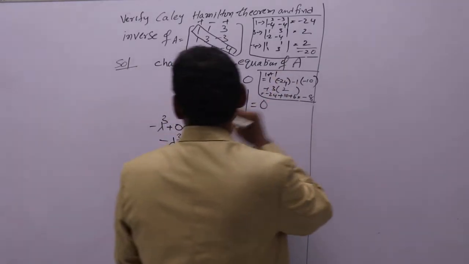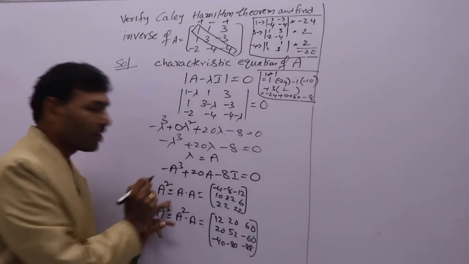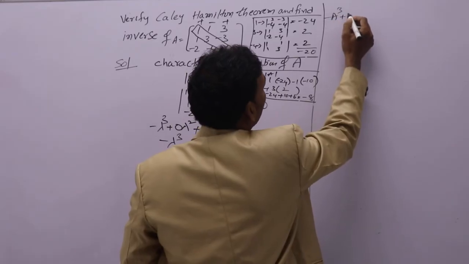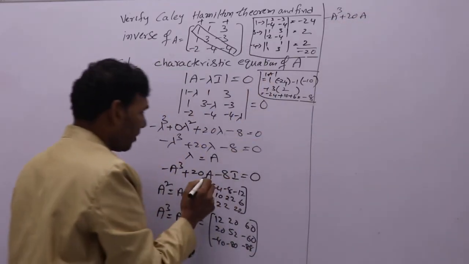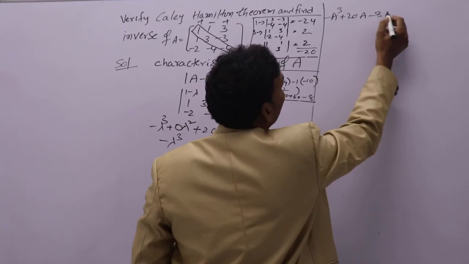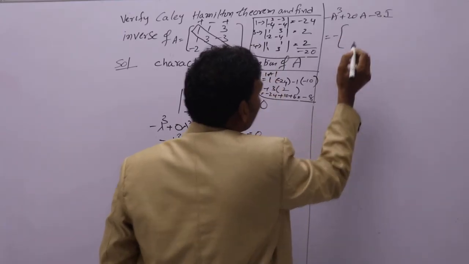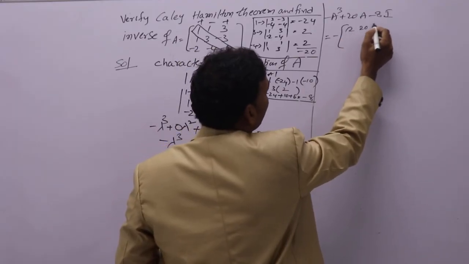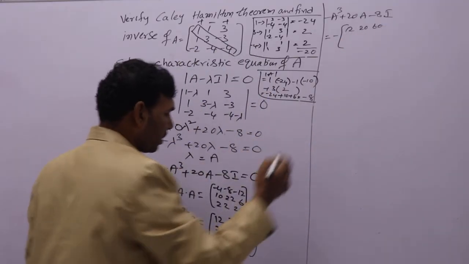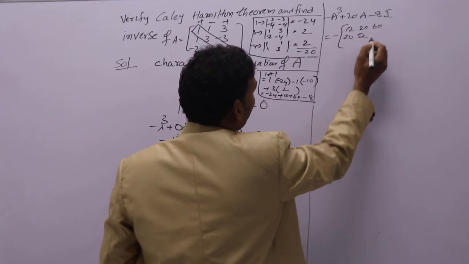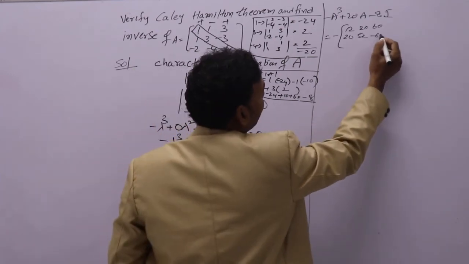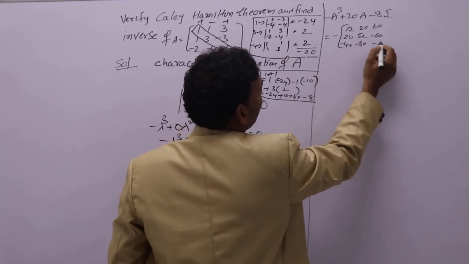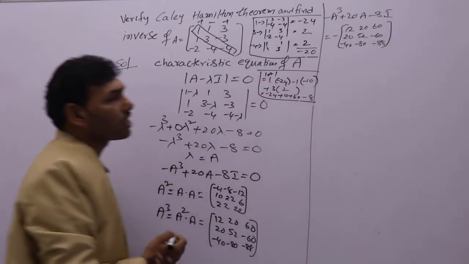Next, substitute these values in the characteristic equation in A. In this, minus A cube plus 20A minus 8I equal to 0. Minus A cube: what is A cube? 12, 20, 60; 20, 52, minus 60; minus 40, minus 80, minus 88 is A cube.